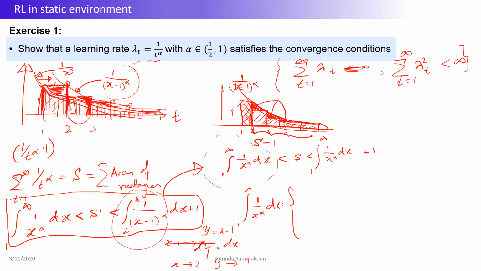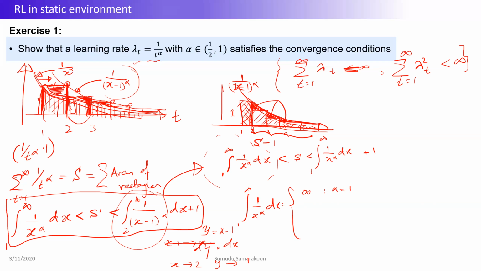When alpha is equal to 1, this is equal to ln x. Ln infinity is infinity. So if alpha is equal to 1, we are going to end up here.